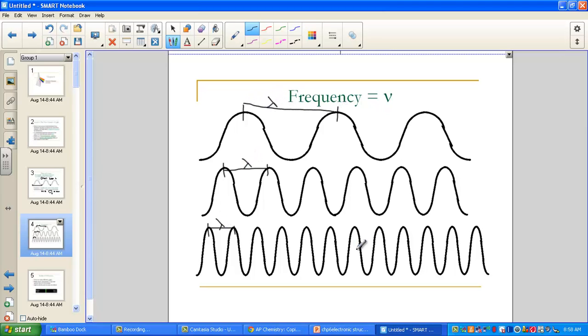I am looking at this slide and just reminding us of the relationship between frequency and wavelength: as the wavelength shortens, the frequency increases.